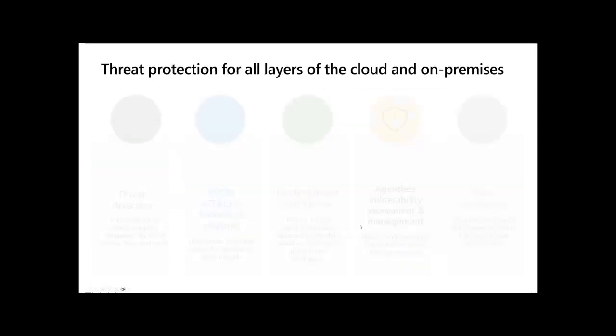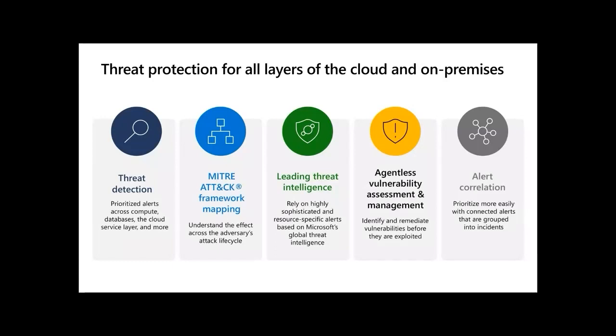And these capabilities are important because they not just use a couple of different ways to correlate threats and detect them, but they also do something which a lot of organizations consider to be valuable, and that is the integration with the MITRE ATT&CK framework.